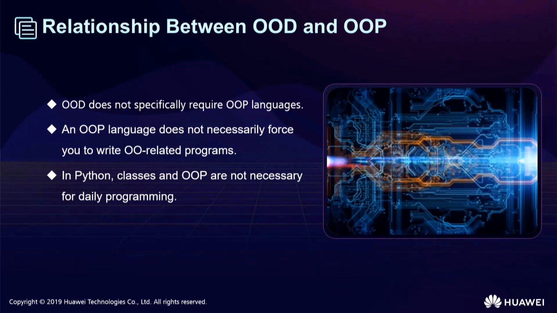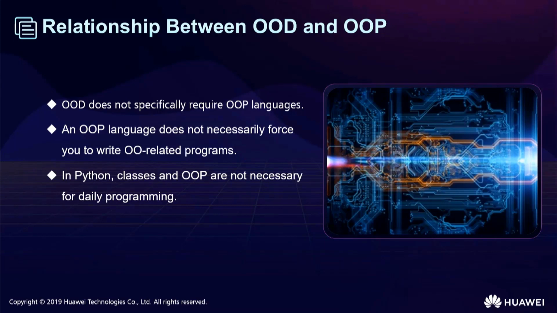On the other hand, an OOP language does not necessarily force you to write OO-related programs. For example, C++ can be taken as a better C. Java, in turn, requires that everything be classes, and that source files correspond to a class definition. In Python, however, classes and OOP are not necessary for daily programming.